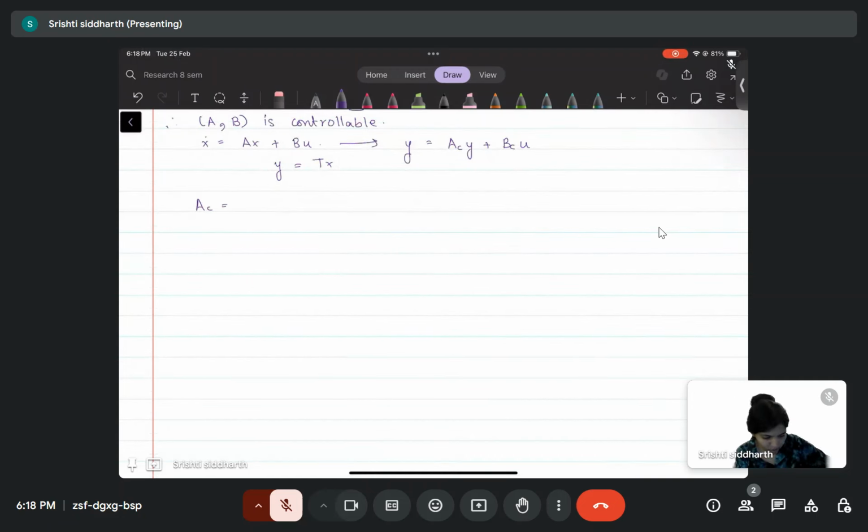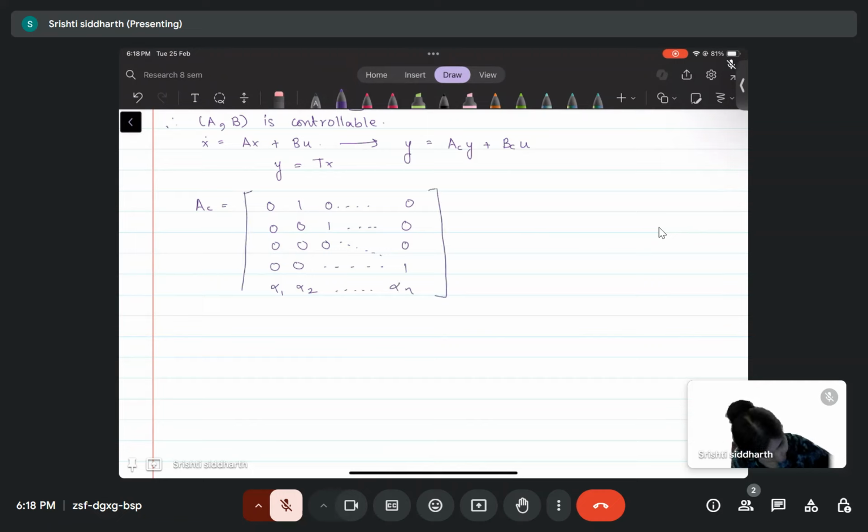Ac looks like 0, 1, 0, and so on, then 0, 0, and then 1. So the 1 is shifting to the right after every row, and this goes on. We have the last row, which looks like some constants alpha 1, alpha 2, up to alpha n. Both A and Ac are of size n by n, and Bc looks like zeros and 1 at the end.